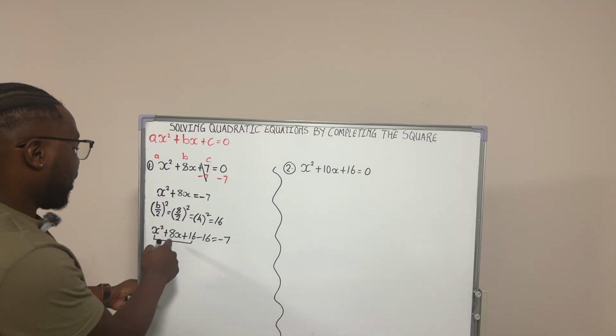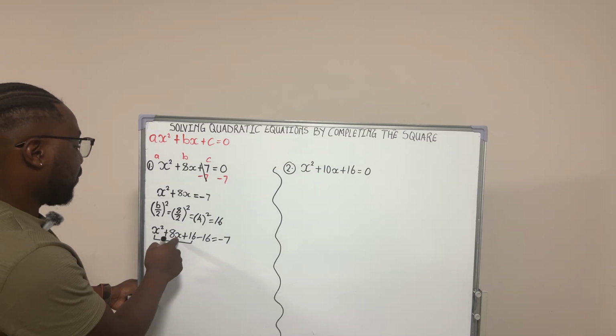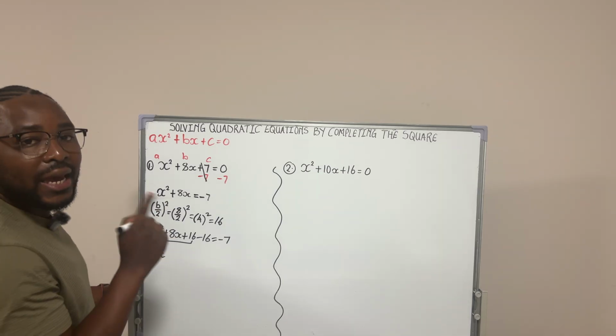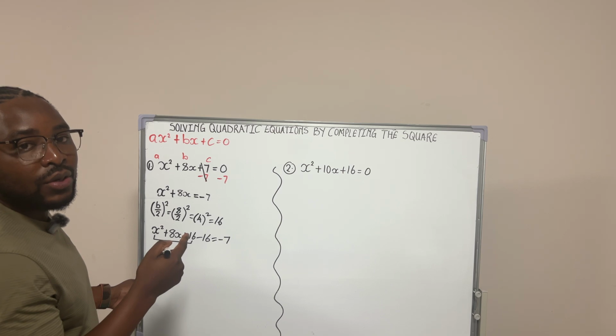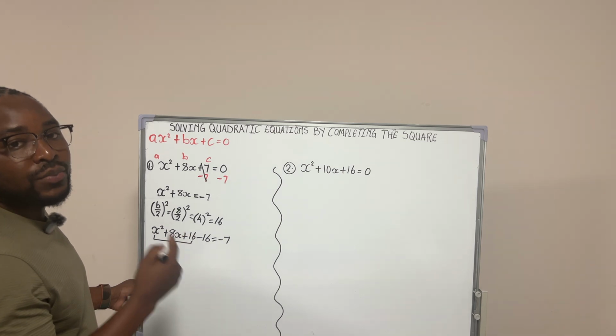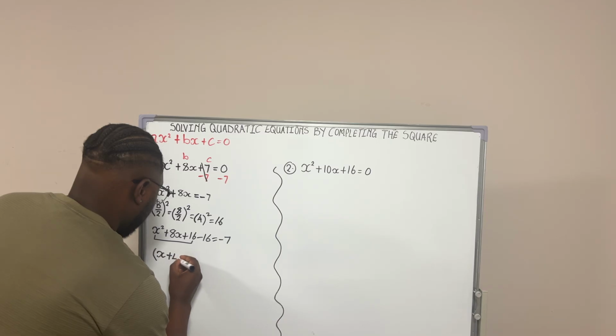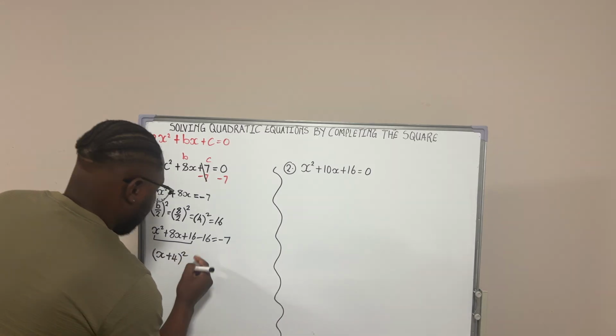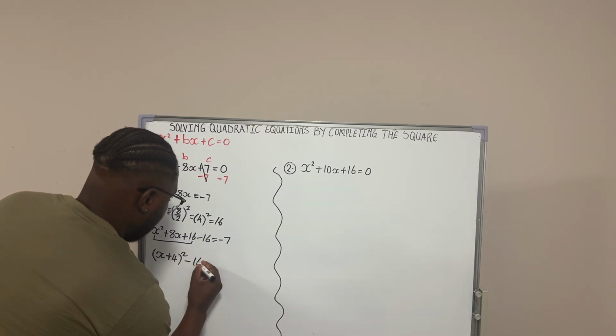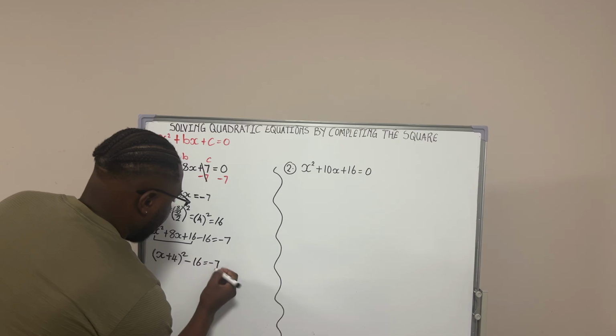In our case, 8 divided by 2 gives us positive 4. So we shall then have positive 4 in there. Square it, remember, minus 16 equal to negative 7.